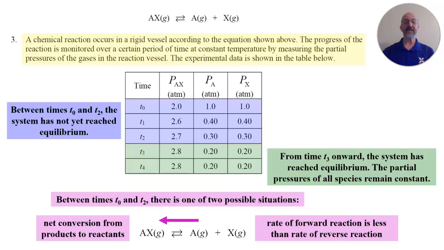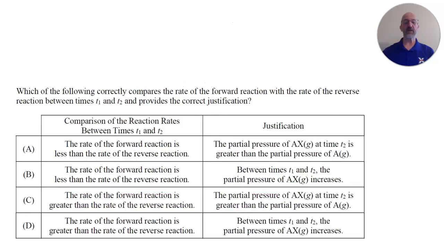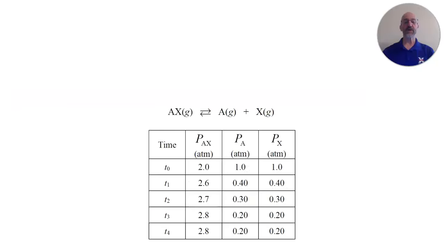Let's analyze the details. In question 3, we are given the following question. Which of the following correctly compares the rate of the forward reaction with the rate of the reverse reaction between times t1 and t2 and provides the correct justification? So looking at the data for t1 and t2, let's focus on the reactant, which is substance AX.